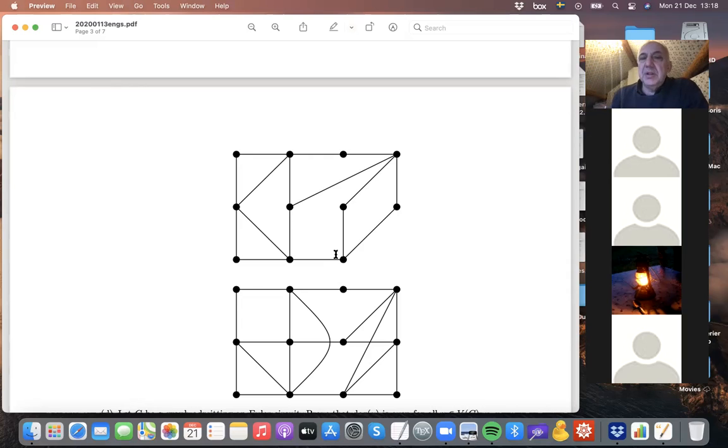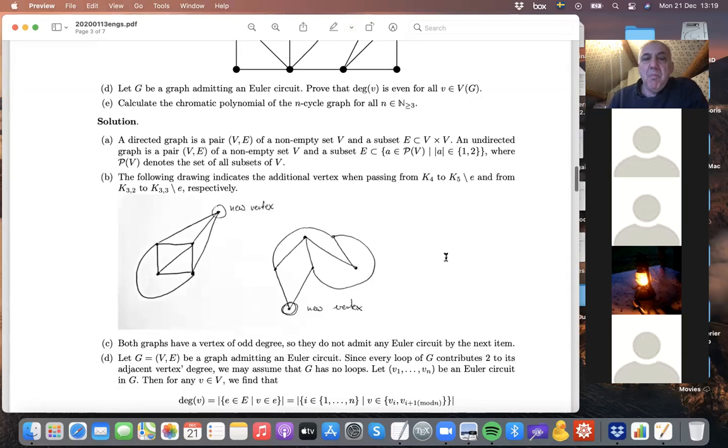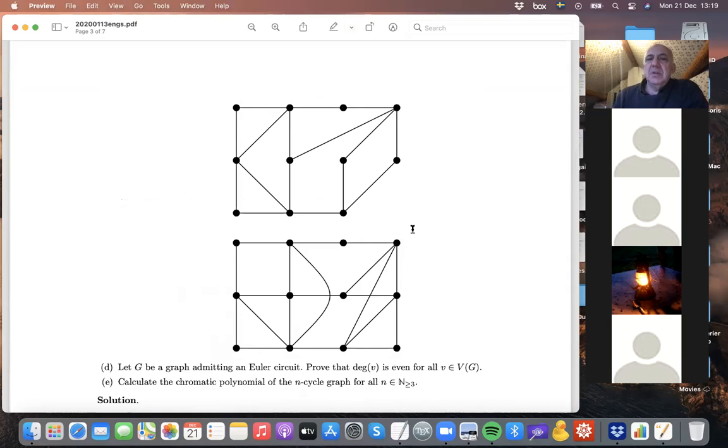If you connect them by an edge, you get all degrees even. If we want a path, we have to start with a vertex of odd degree. Say we start here, and to get the path, I'm going 1, 2, 3, back here.